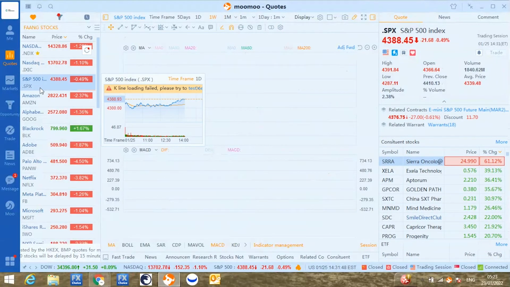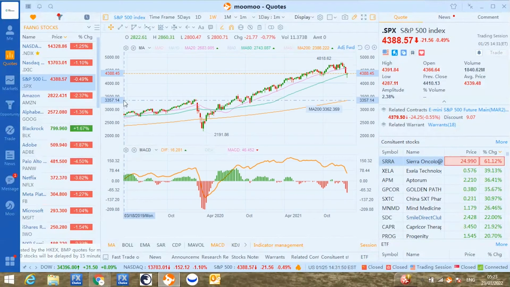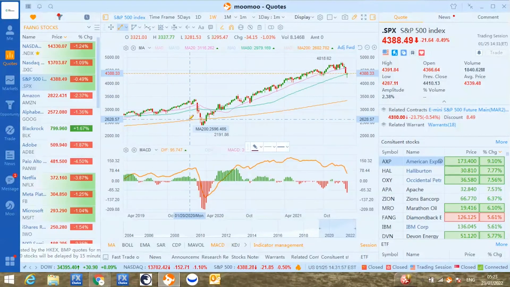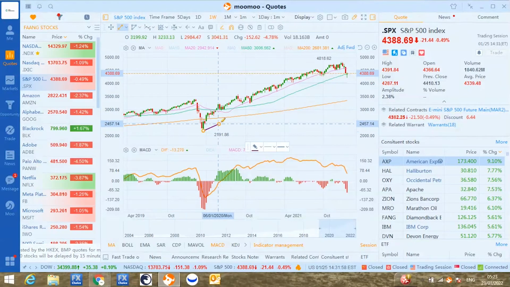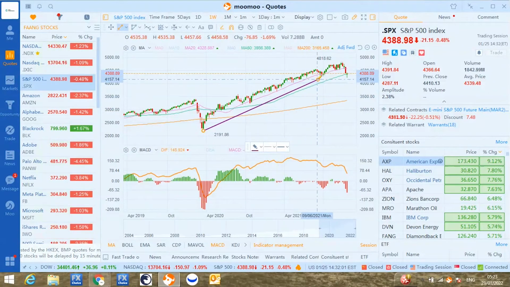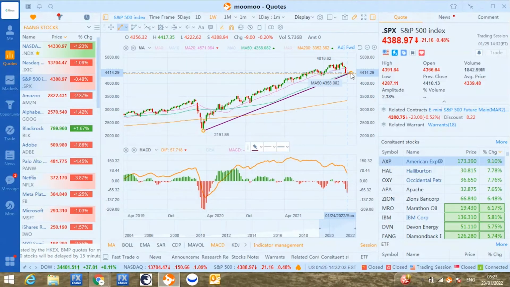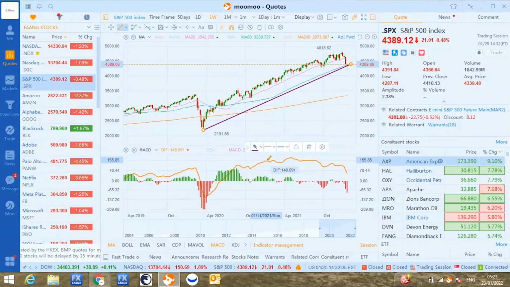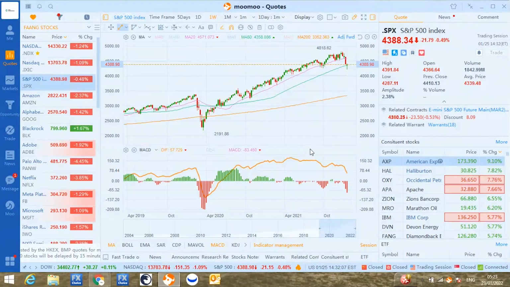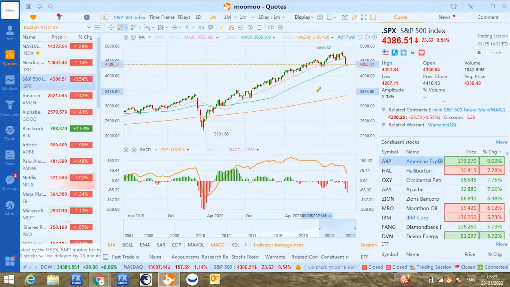Let's look at the S&P 500. The same lovely chart. Let me just draw this straight line. I love this. This is beautiful. This is what you want. Now, the S&P 500, if you check with the VIX, earlier the VIX was around 38 or so.